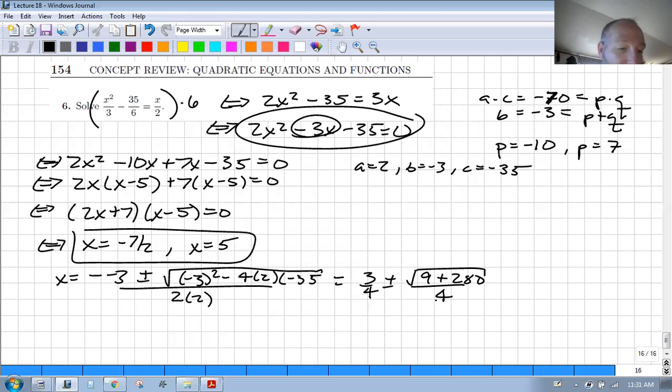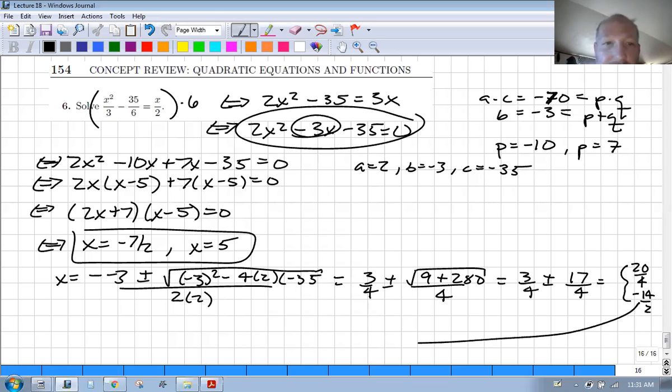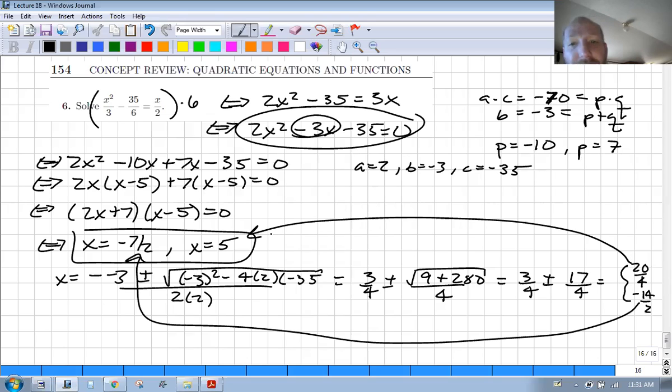So 289 square rooted is 17. So this gives me 20/4 or negative 14/4. That's the negative 7/2, and this is the 5. So whichever way you want to do it.